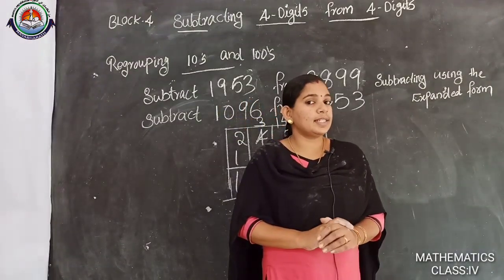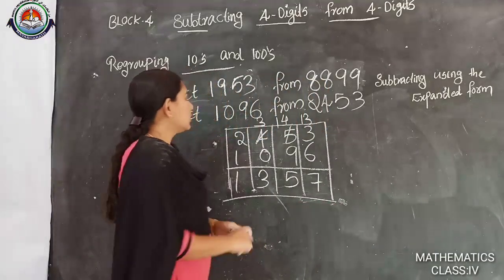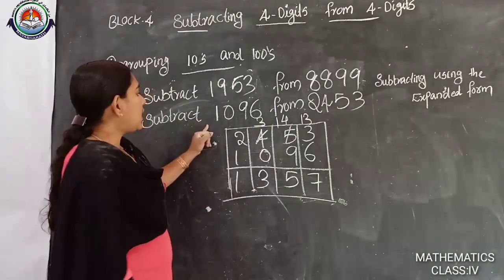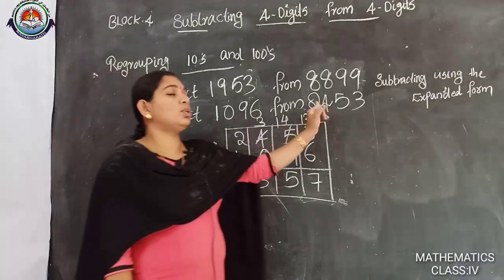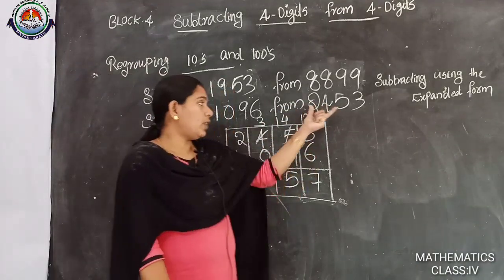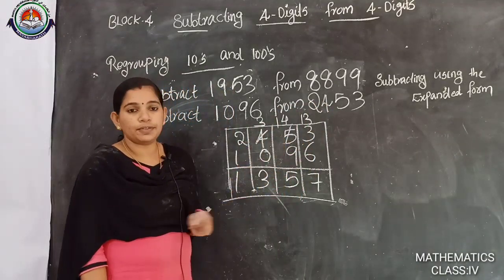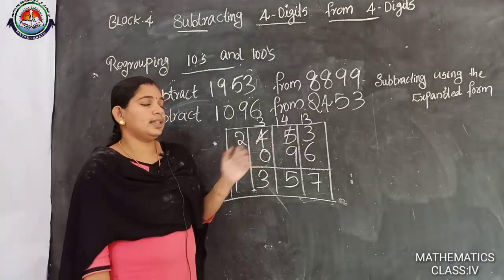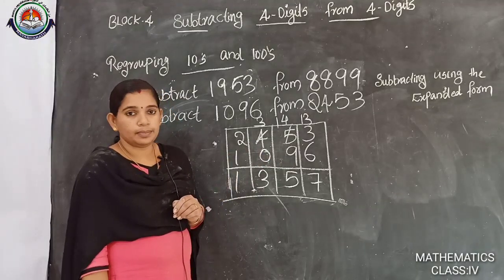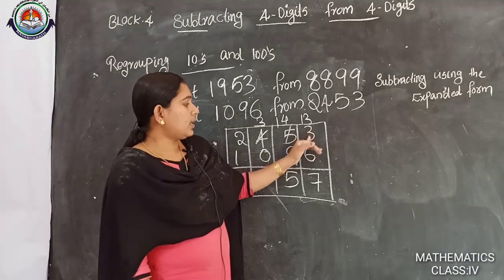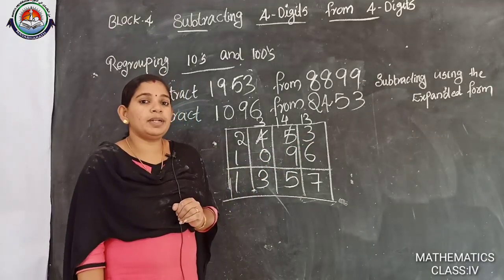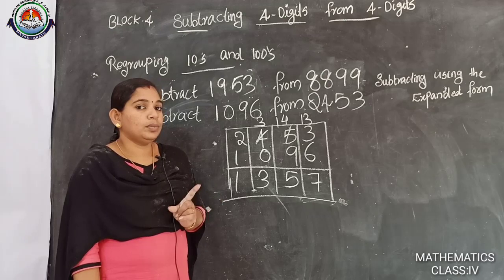Okay, we can check your answer. Subtract 1,096 from 2,453. We write 2,453 first, then 1,096 second. Then 3 minus 6, is that possible? No. So what do we do?